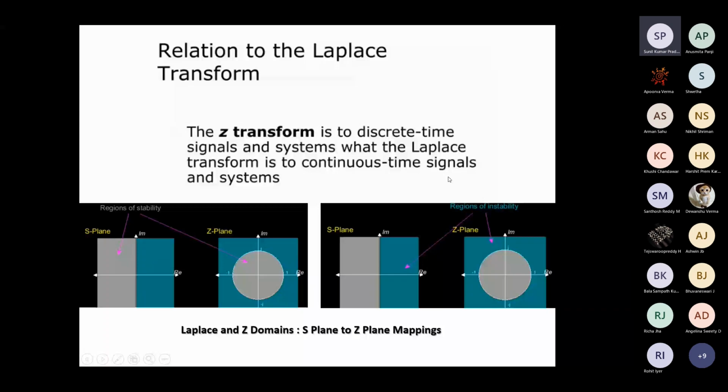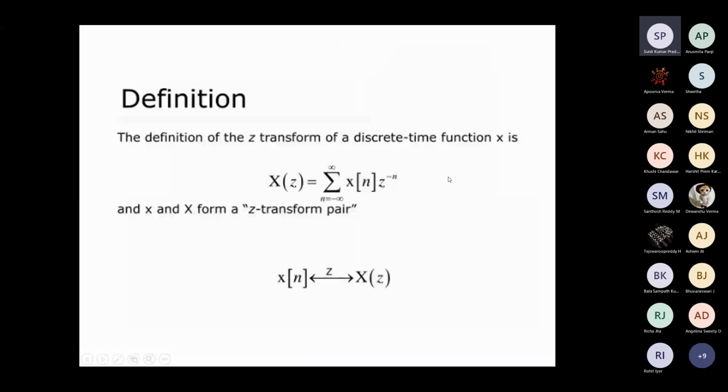Now this is the definition of the Z transform: X(z) equals the summation from n equals minus infinity to infinity of x[n] z to the power minus n, and x[n] and X(z) form a Z transform pair.